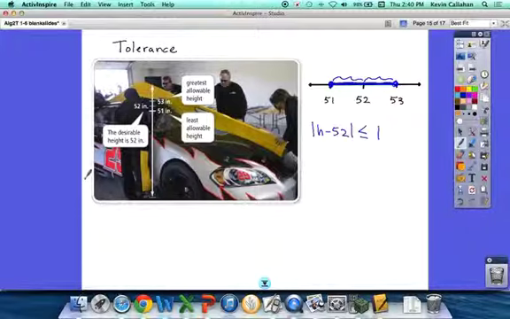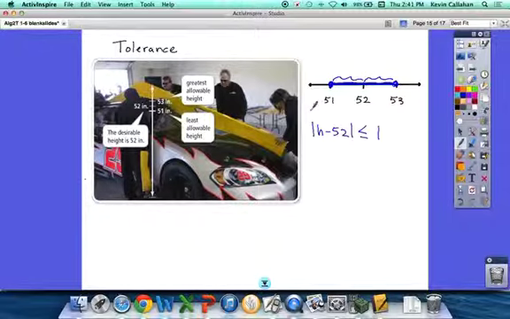Right? You see how if I'm anywhere between 52 and 53, what do I get when I subtract 52? I get something less than 1. If it's 53 and I subtract 52, it's 1. If it's between 51 and 52, then when I subtract, I'm going to get a negative number, but it's between -1 and 0. I take the absolute value, it's less than 1.